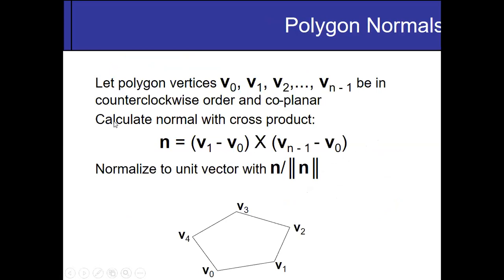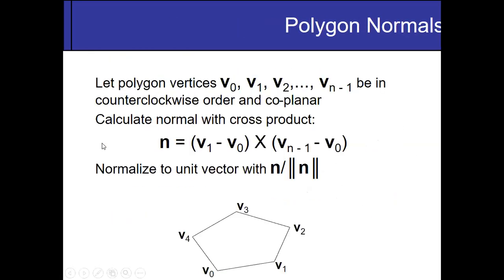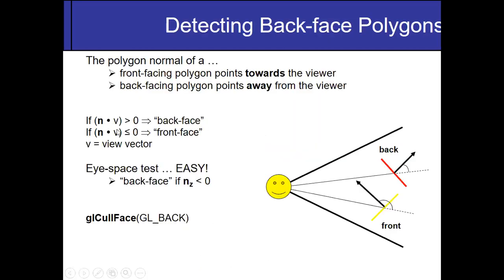Now, to understand this mathematics, what is N, what is V, we can simply look at this. Here are the vertices, and N is your normalized normal. You can calculate the normal with the cross product, and then take the dot product.